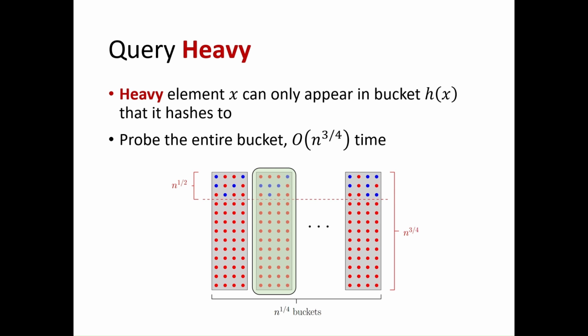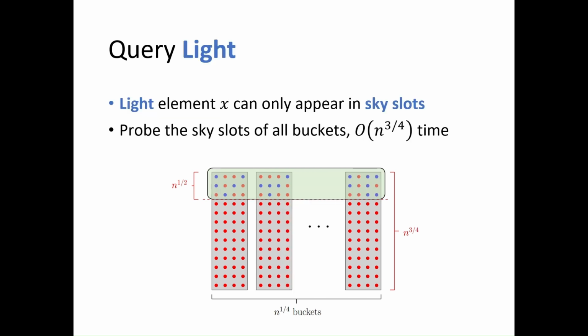This takes O(1) time. And when we query a light key x, we know that x must stay in one of the sky slots. So again, we scan through all of the sky slots in all of the buckets, and then try to find x. This also takes O(1) time.